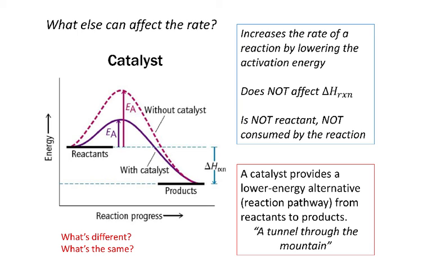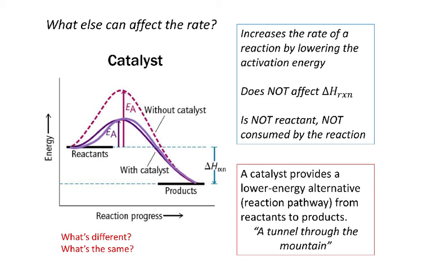So what a catalyst will do to the energy diagram is lower the activation energy. So it doesn't actually change delta H, probably doesn't change the temperature, concentration, energy of collision. It usually will have something to do with the orientation of the collision. And so it's only going to affect the activation energy.